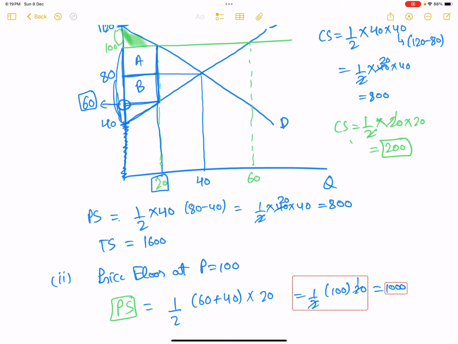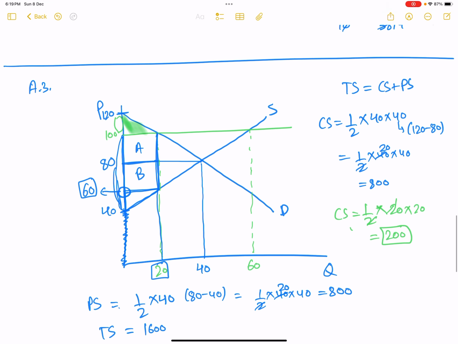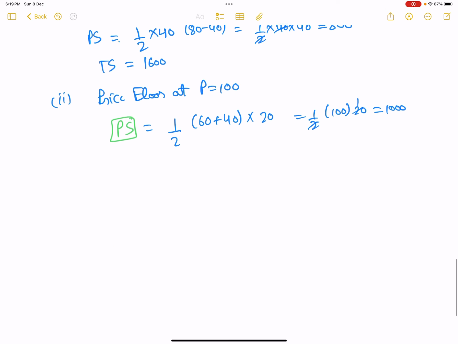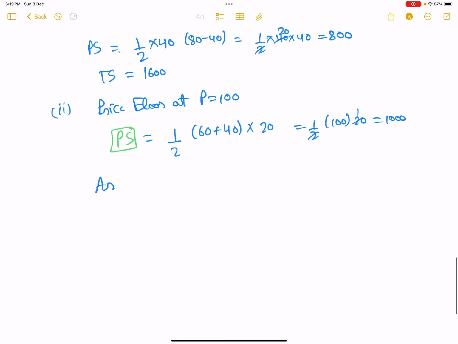Now, since a price floor has been imposed, the deadweight loss would consist of the areas C and D, which together form a triangle. Area C plus D equals half into base into height.